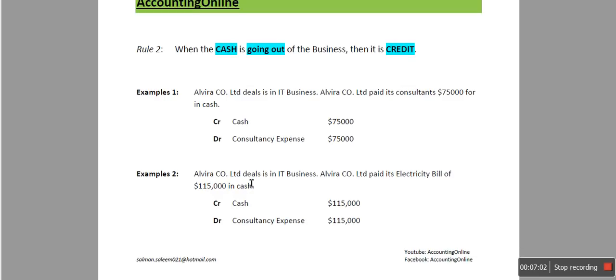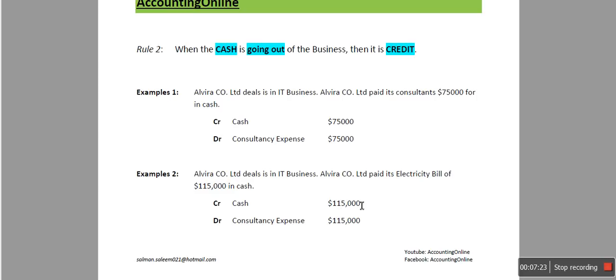Example two: Alvira Co Limited deals in IT business. Alvira Co Limited paid its electricity bill of $115,000 in cash. So again, the company is paying cash, so the cash is going out of the business.